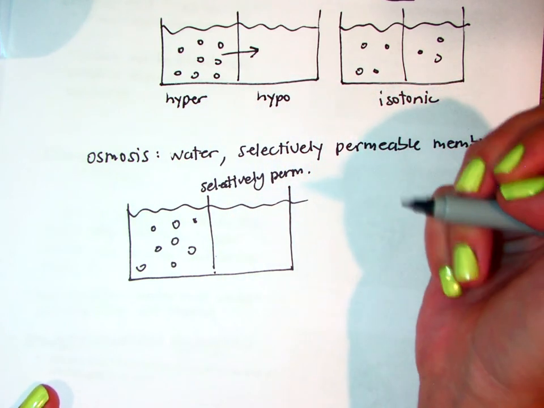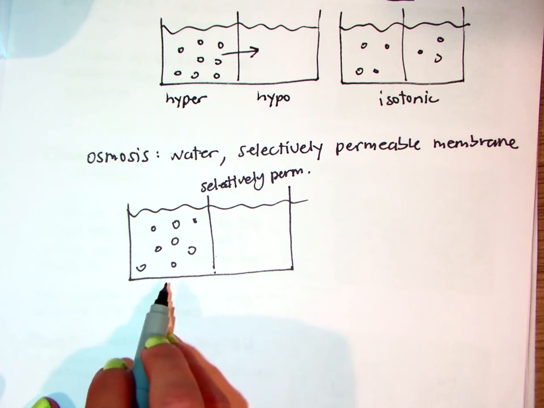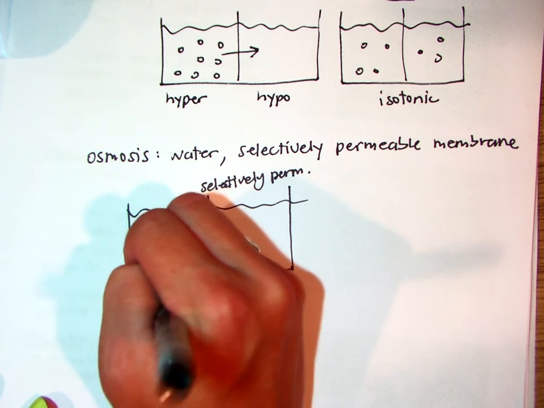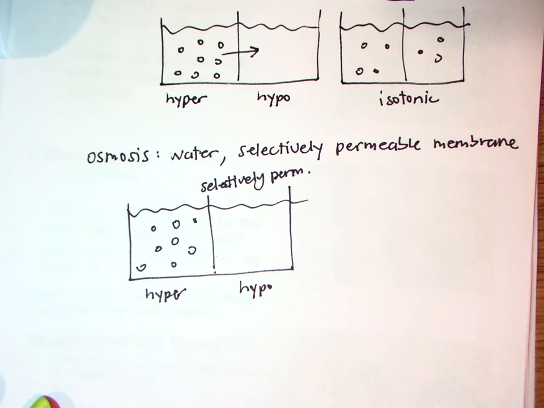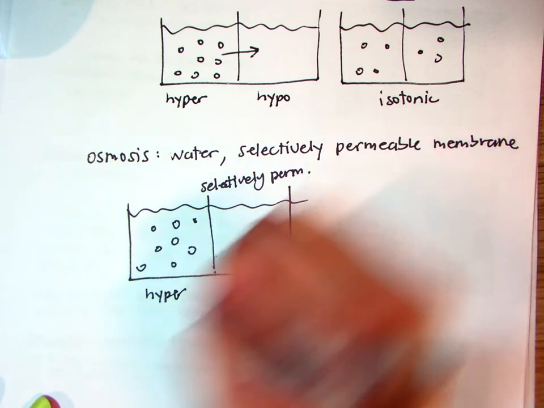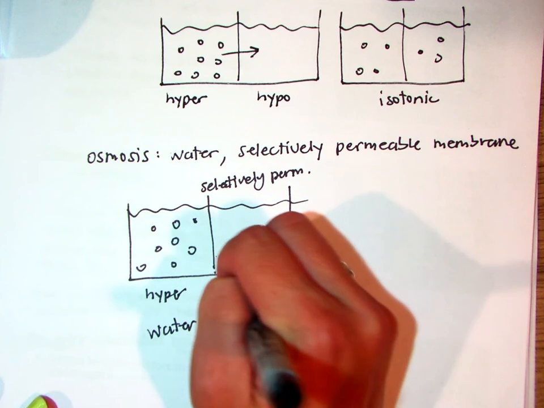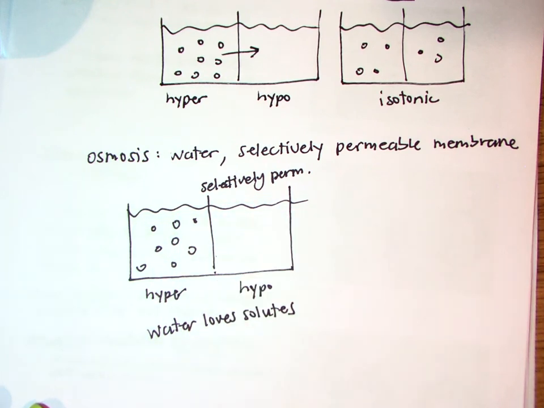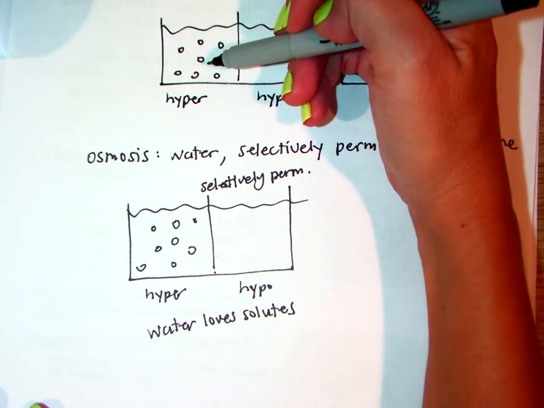Water is a relatively small molecule, so it can pass through, but the solutes can't. And so with osmosis, we would call this the hypertonic solution. It has more solutes. This would be a hypotonic solution. And so remember, water loves solutes. This time we're referring to the movement of water, not the solute like we were up here.